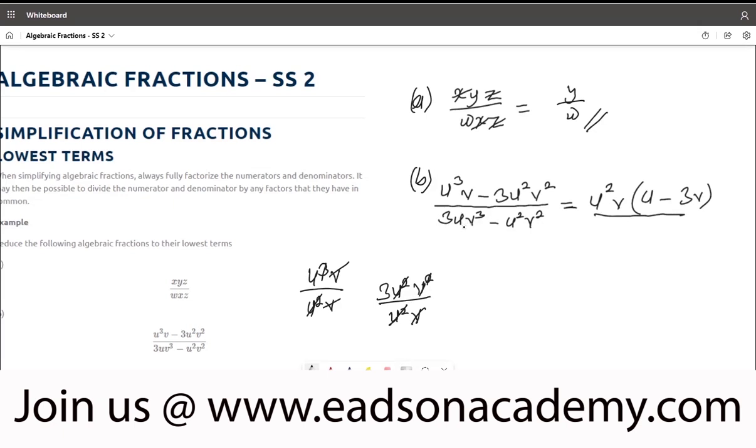What is common to the denominator? We have u here, we have u square here, meaning u is common. Then we have v cube here, we have v square here, so v square is common. If we divide 3u v cube by u, this u will be gone, and we divide by v square, we'll be left with only one v there. So 3v minus, if you divide u square v square by u v square, one of the u will cancel, then the v square will cancel, so we have u only there.